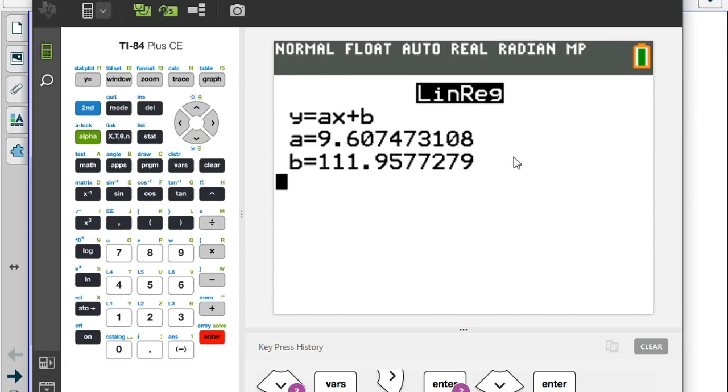Since in this class we always round to 3 decimal places at the end of the problem, this is essentially the end of the problem because it's asking us to write the equation. So we're going to write 9.607x plus 111.958.